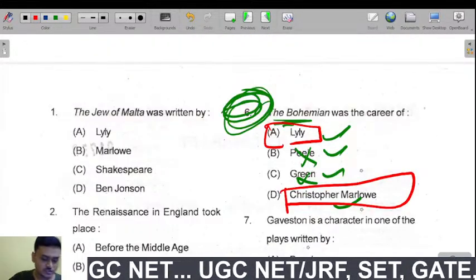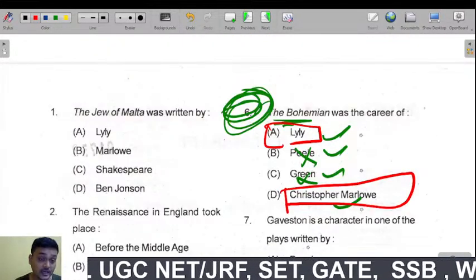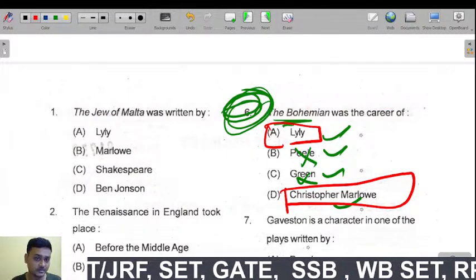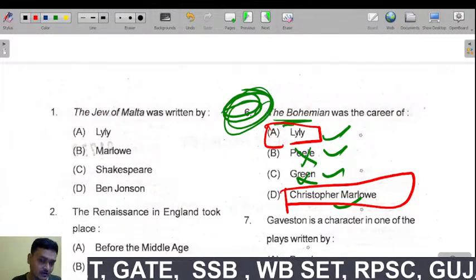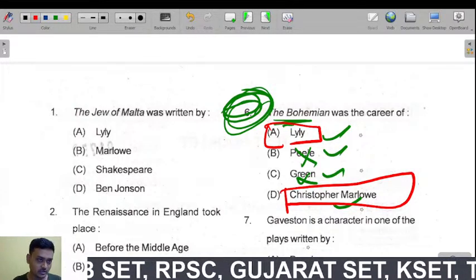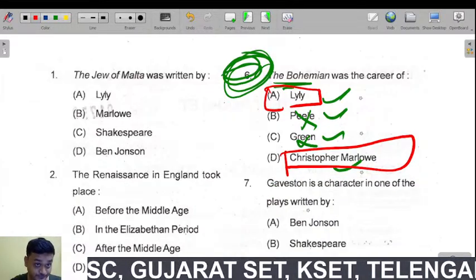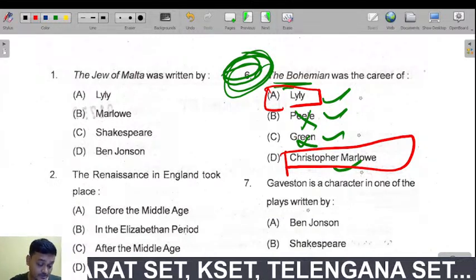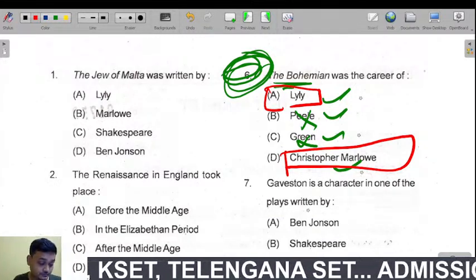Lily is also the first Bohemian, and Christopher Marlowe is also a Bohemian. The Bohemian was the career of whom? Question number 6, do answer.